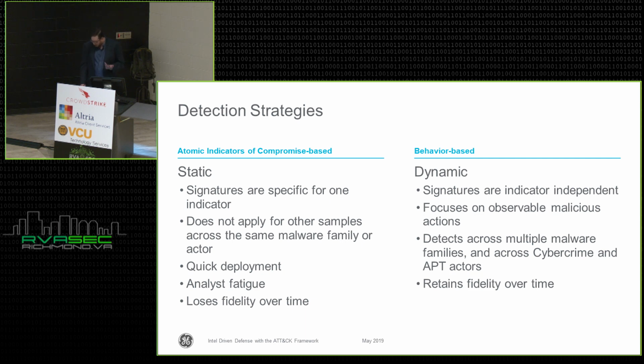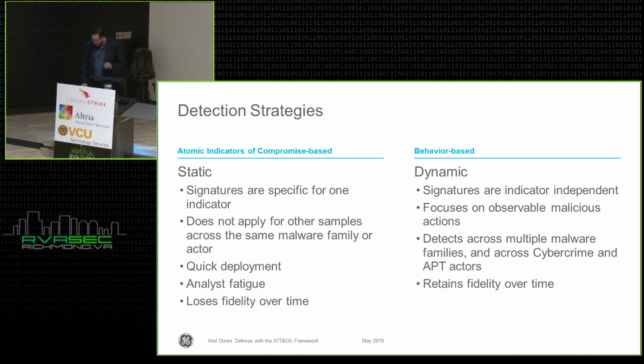So, as an example, here's a very simple script. It's basically copying the CIRT utility, which is a Microsoft utility, into the temp directory, and then it renames it. And in doing so, it's trying to just do a simple defense evasion against name-based detections.